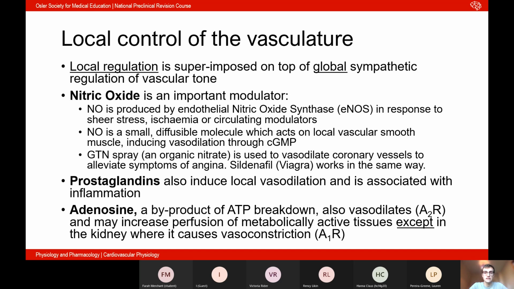We also get prostaglandins, which are local vasodilators, and they're really important when you have inflammation. And you'll learn next year that a hallmark of inflammation is increased blood flow to an area. And also you get adenosine, which shows its face when you have hypoxic tissues. They might be a bit damaged.